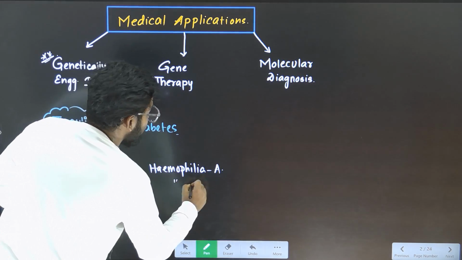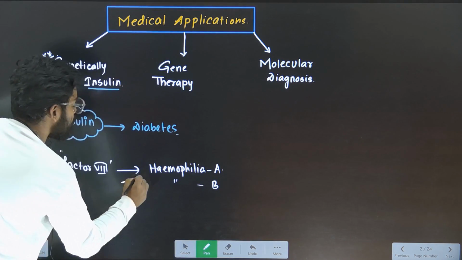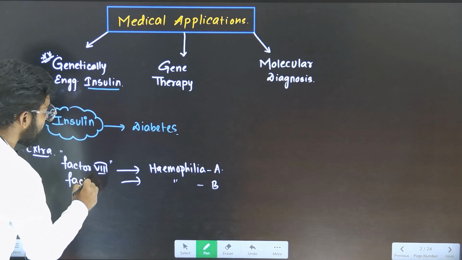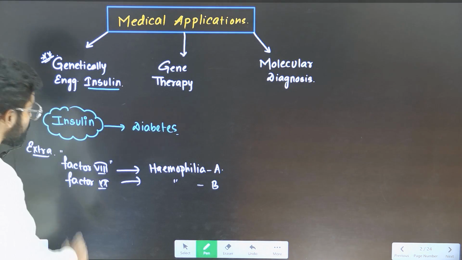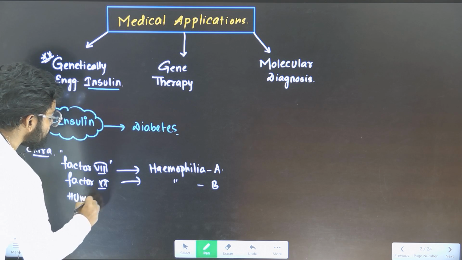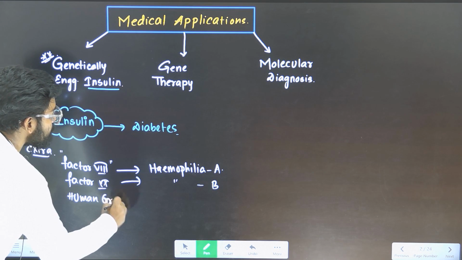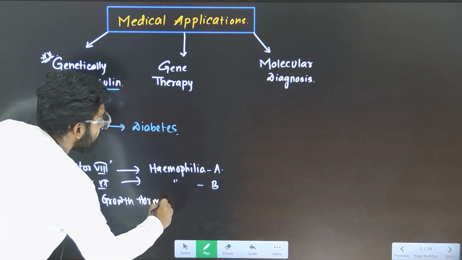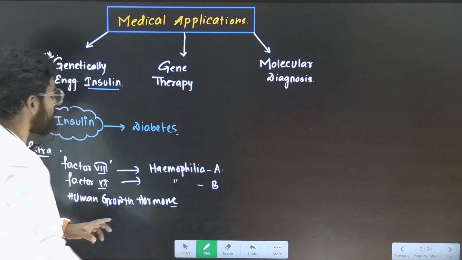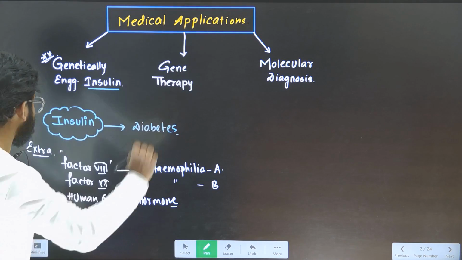Similarly, for hemophilia B, we can administer factor 9, and these are all genetically engineered and produced. Human growth hormone has also already been produced by genetic engineering.